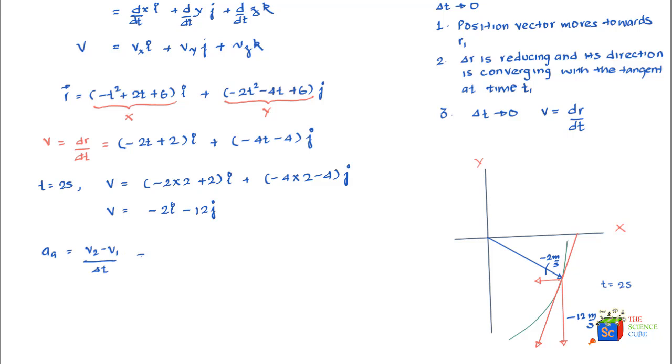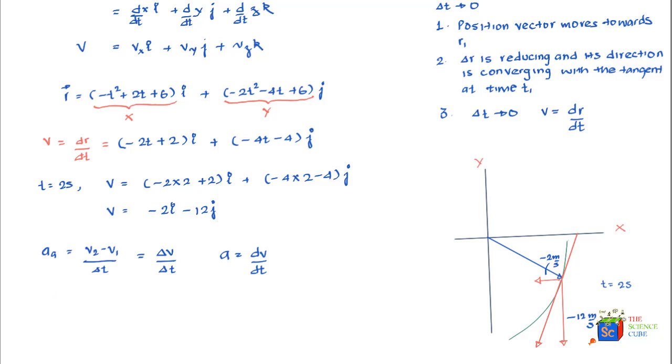And it's often written as delta v upon delta t. And as delta t tends towards 0, your a average moves towards something called a limiting value, and that's called the acceleration at that point of time. And that is written as a is equal to dv upon dt.